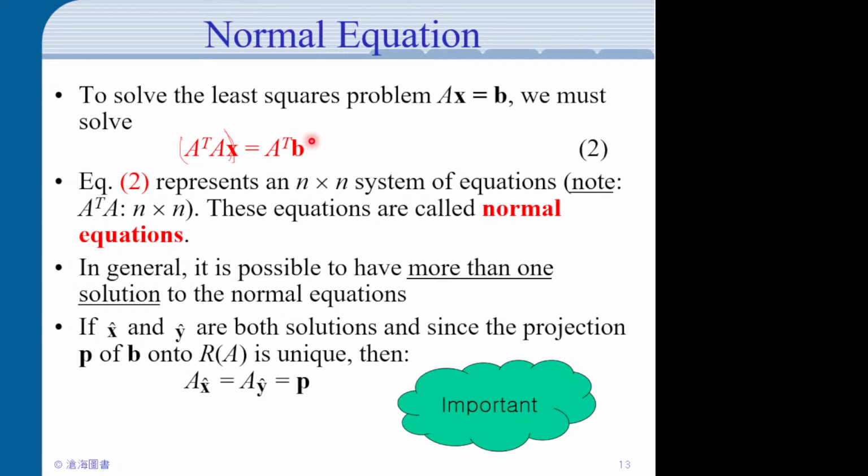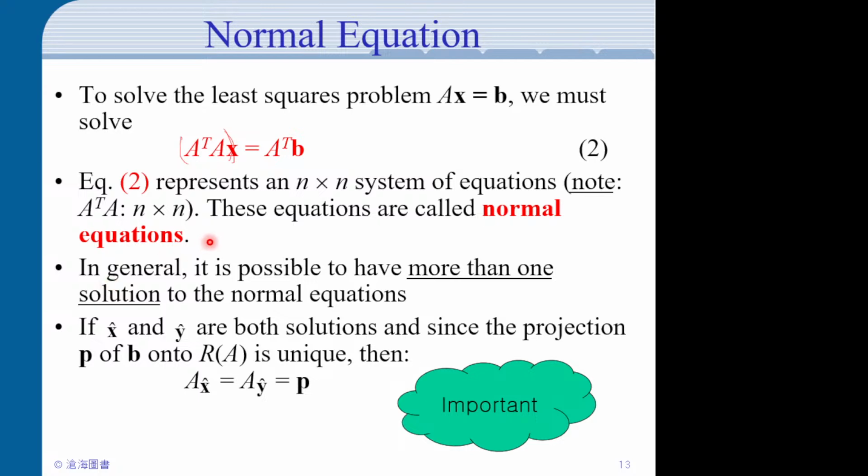You can calculate it from A and b. And this is called the normal equation. So now we are back to solving a linear system of equations, and you can do Gaussian elimination, etc., to solve this.